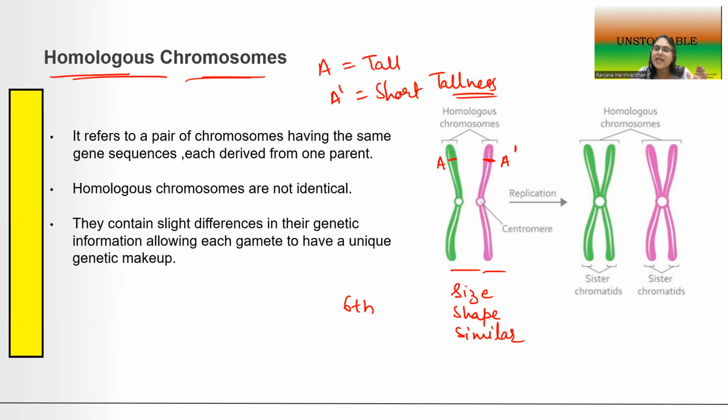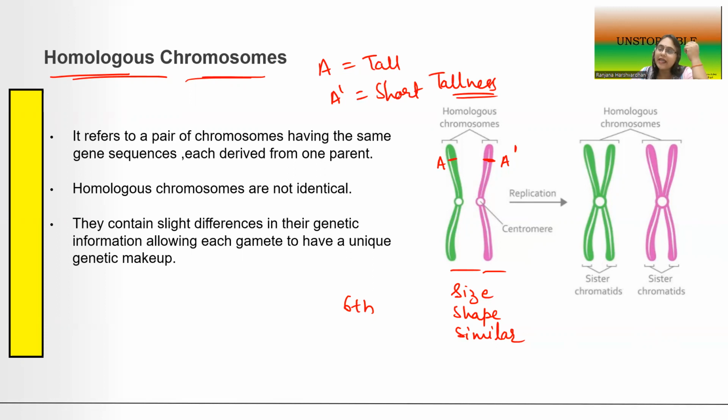So I can say that A and A dash are basically the same gene, but the traits are different. One is for tallness and one is for shortness. So the gene is the same. When I see that the shape and the size of the chromosomes are similar to each other, and they both have the same types of genes present over them, genes for the same feature, that is height in this particular case.